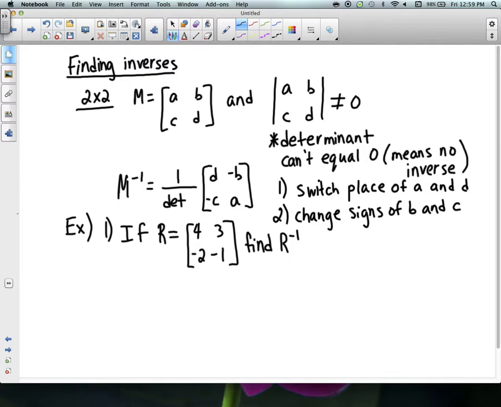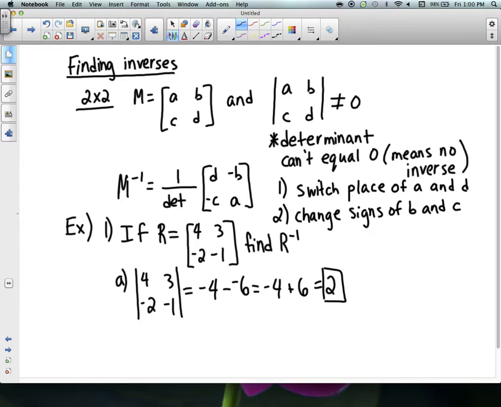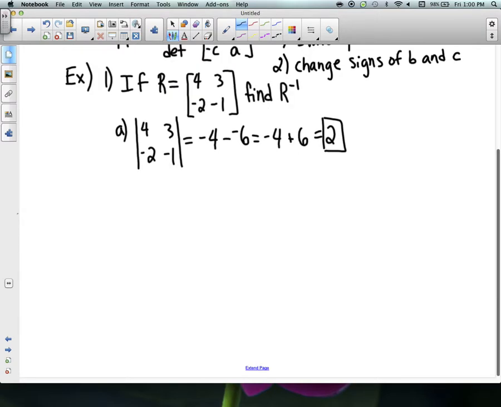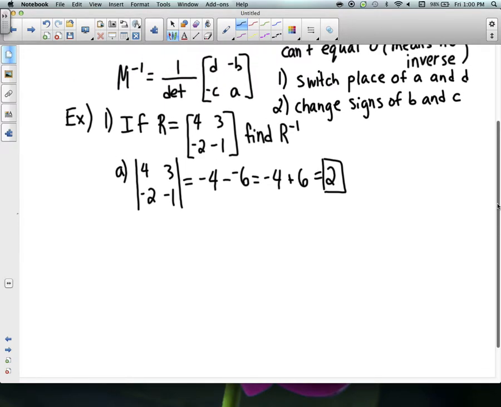So first thing you want to do is find the determinant. Then we're going to use that to find our inverse.